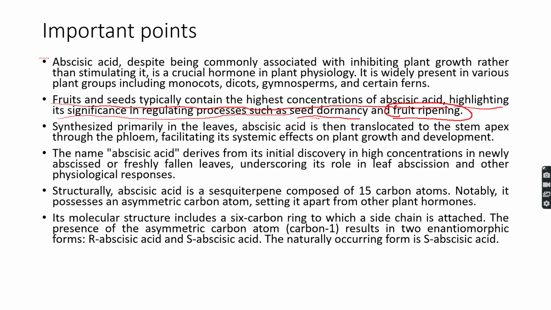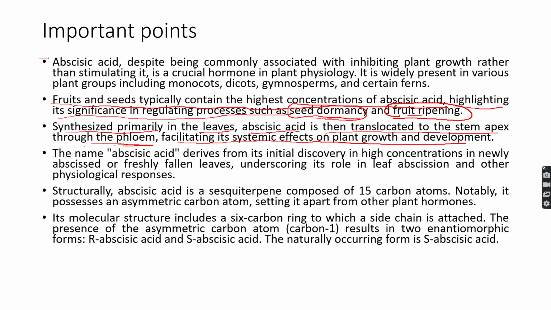This is very important: abscisic acid has two important roles, in seed dormancy and fruit ripening. Synthesized primarily in the leaves, abscisic acid is then translocated to the stem apex through the phloem, facilitating its systemic effects on plant growth and development.